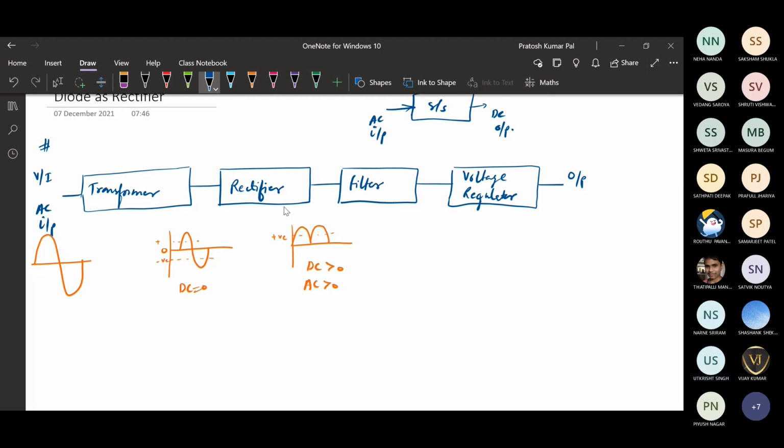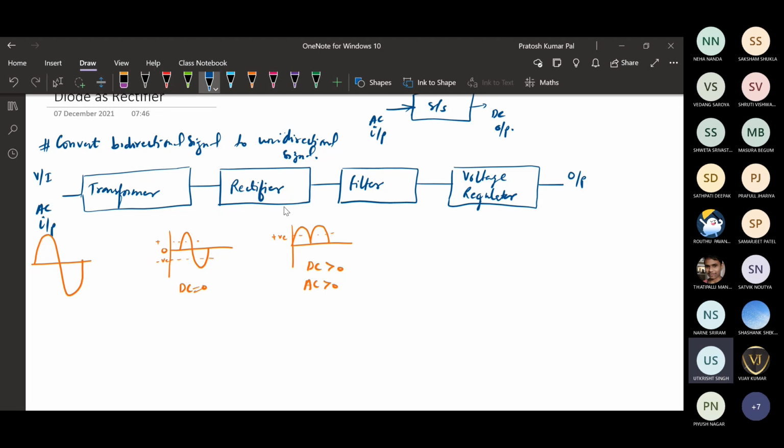So we can write that a rectifier will basically convert a bidirectional signal to a unidirectional signal. This is the part that takes the input and gives the output in unidirectional form. It will be only in the positive half, or only in the negative half, based on the rectifier. Here it is only in the positive half, so it will have some DC value.